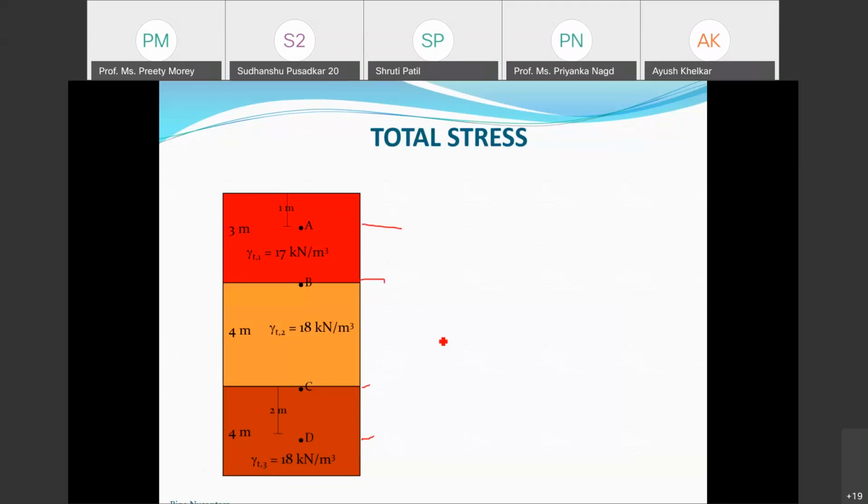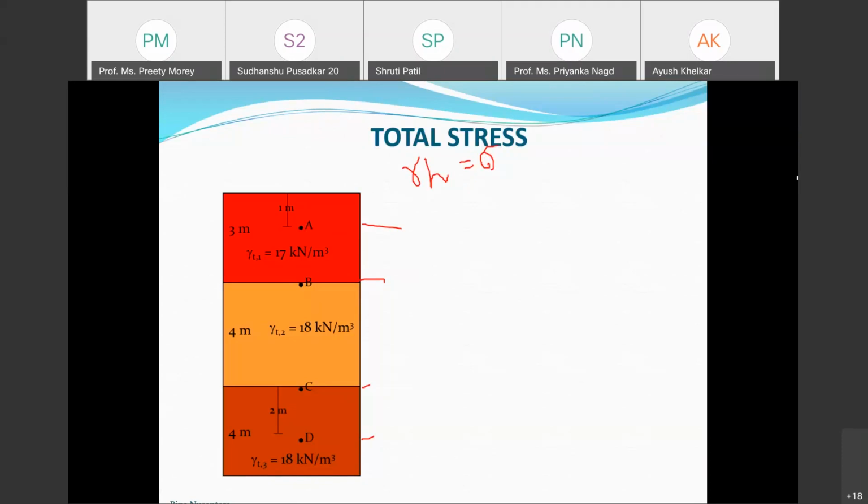So what is the total stress? It's simple: gamma into H is the total stress for the soil mass. Suppose at A the depth is 1 meter, so multiplying 17 into 1 gives the pressure at point A. These are plotted. This soil pressure is similar to water pressure. You drew the water pressure distribution diagram in fluid mechanics; similarly, these diagrams are plotted for total stress and effective stress in soil mechanics.